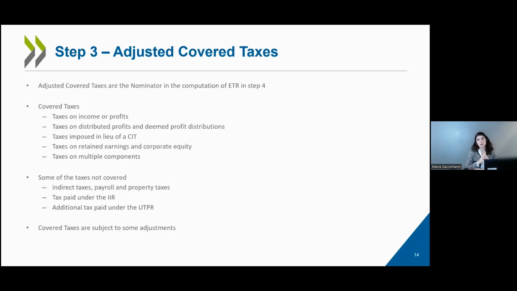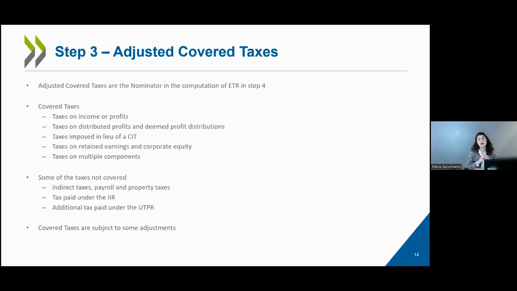The starting point for both the current tax and the deferred tax is the financial accounts, as commented by Scott. We start from the accounts, to be prepared according to the accounting standards of the ultimate parent entity for the purposes of the consolidated financial statements.